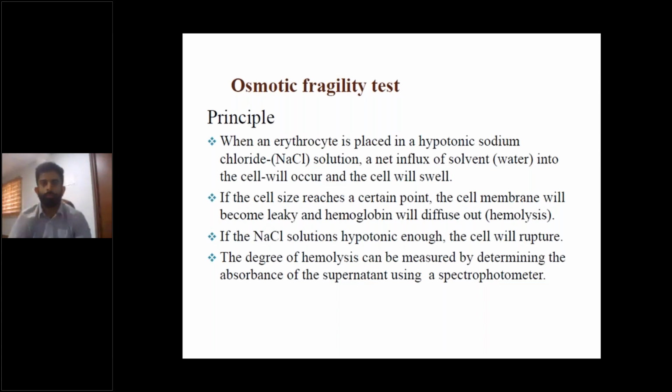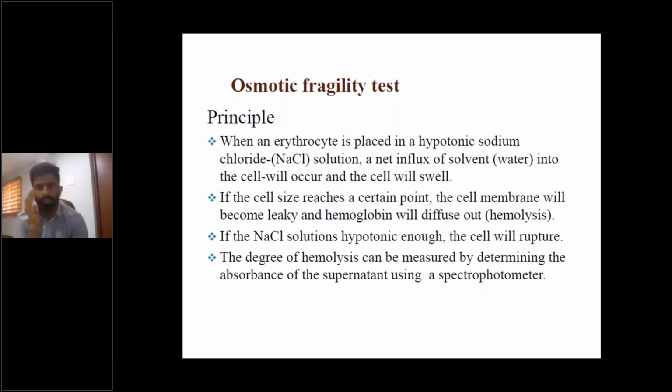In a hypotonic sodium chloride solution, a net influx of solvent into the cell will occur and the cell will swell. The principle of osmosis you all know: when two solutions are placed beside each other, water flows from the solution with low solute to that with high solute.